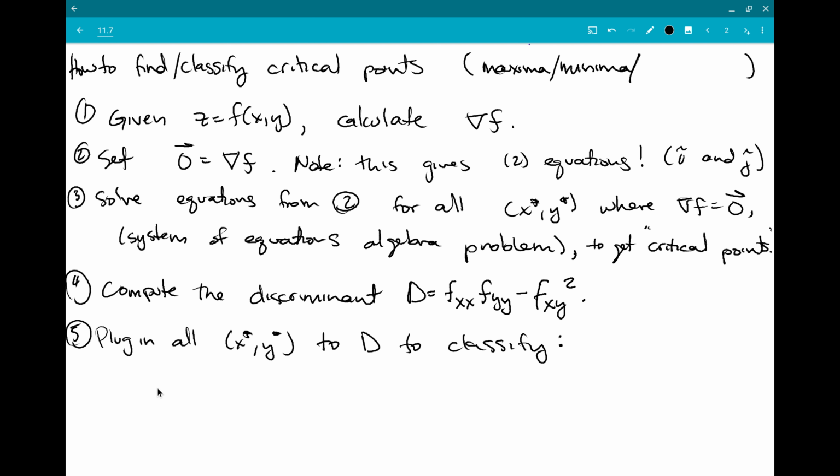And the criteria for classification are going to be: if D is greater than 0 and f sub xx is less than 0, that means that you're looking at a relative maximum.